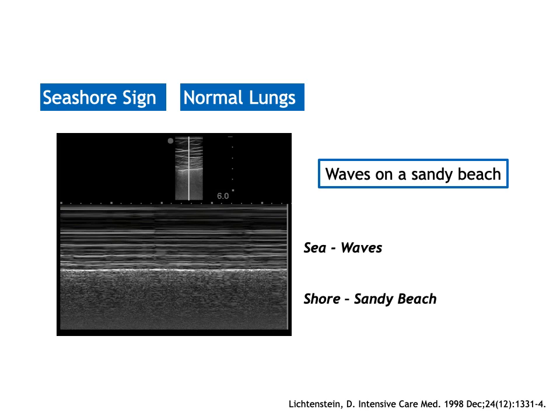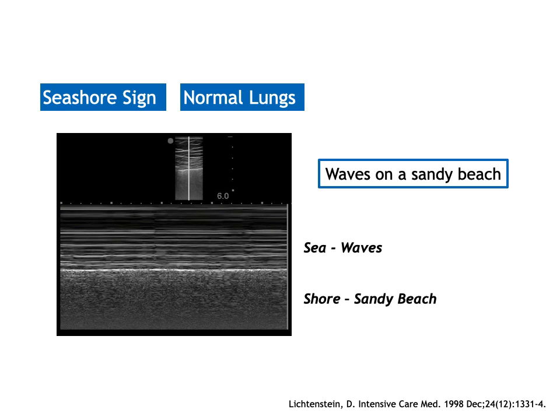This is called the seashore sign, in which you have the chest wall, you have the pleura, you have the parenchyma. The chest wall is described as waves. The pleura, this bright white line here, is described as the breakers of the waves. And then you have the very typical and specific pattern here, which is the very sandy and heterogeneous pattern, which is described as the sand.